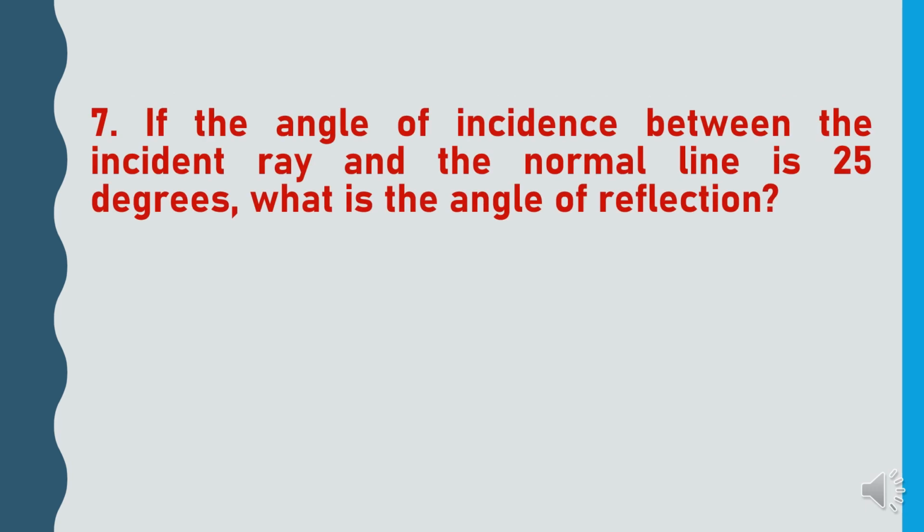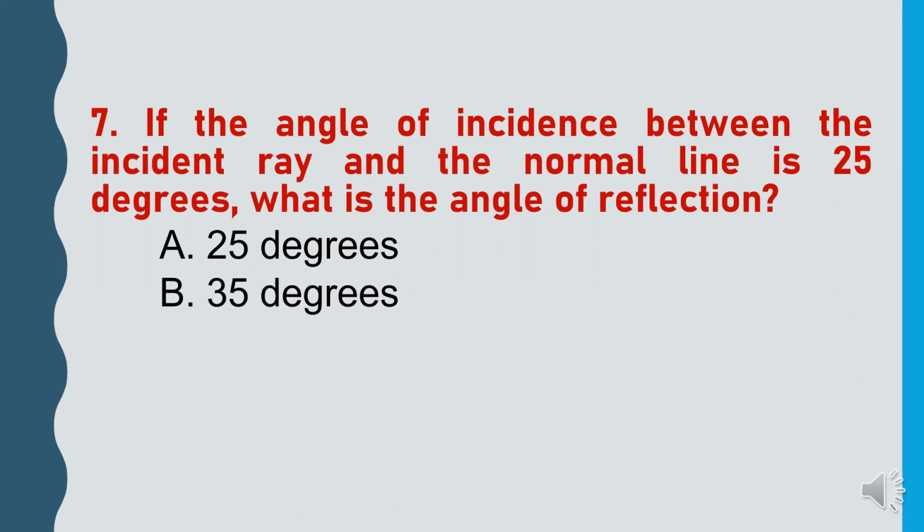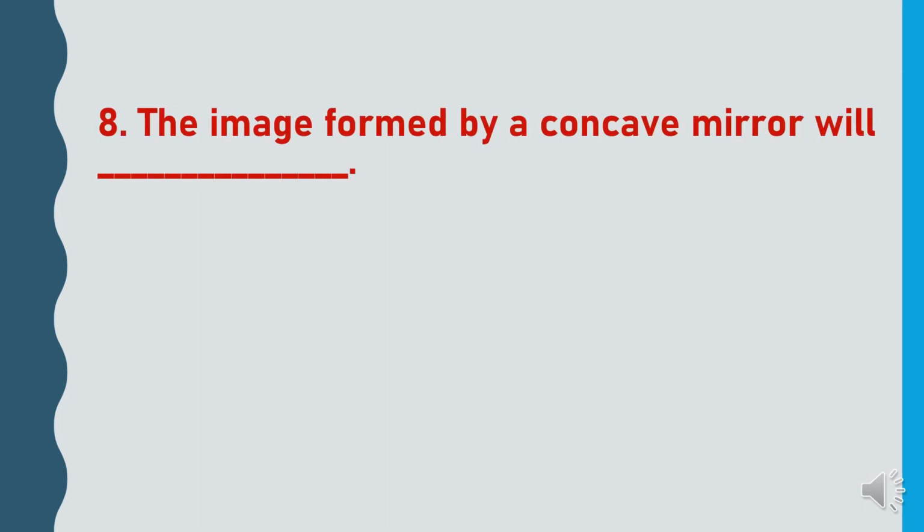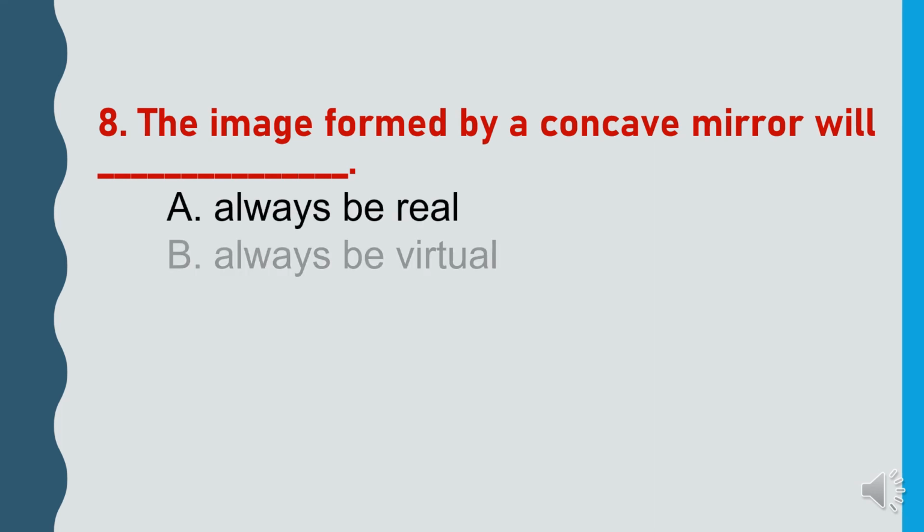7. If the angle of incidence between the incident ray and the normal line is 25 degrees, what is the angle of reflection? A. 25 degrees. B. 35 degrees. C. 45 degrees. D. 65 degrees. 8. The image formed by a concave mirror will blank. A. Always be real.